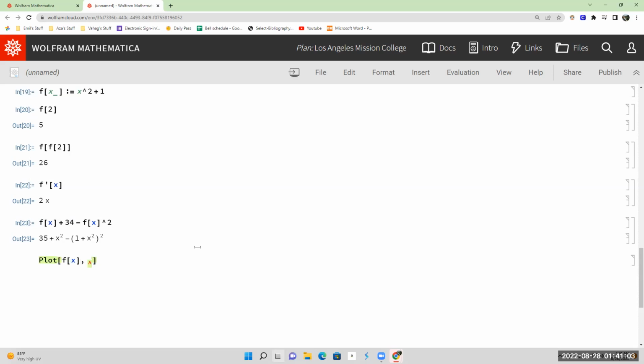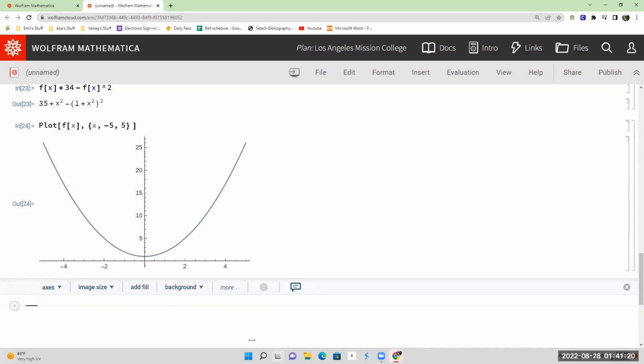All we have to do is specify the function we want to graph, and then inside curly braces, we enter the variable of plotting, so the independent variable, and then the domain. So let's say we want to go from -5 to 5, and here we have the graph. Notice again, the command is capitalized.